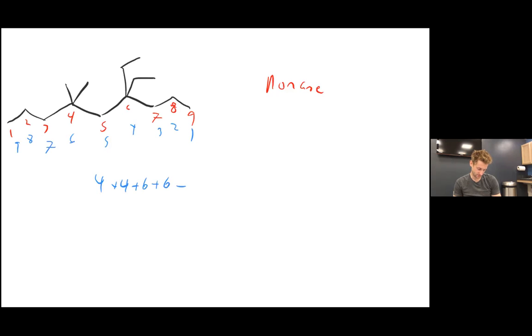This is going to make me do math, give me a total of 20. In red, we have the same thing, 4 plus 4 plus 6 plus 6. So that doesn't help us. From here, we have to look at what the substituents are. So these are both ethyls. These are methyls.